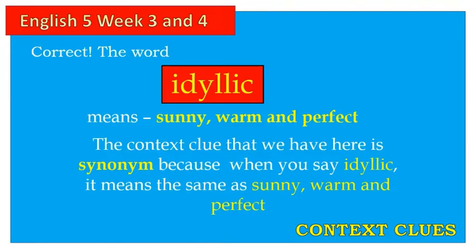So class, kapag sinabi nating synonyms, these are words that have the same meaning, or in Tagalog, mga salitang may parehas na kahulugan or kasing kahulugan. Understood? Okay, let's move on.